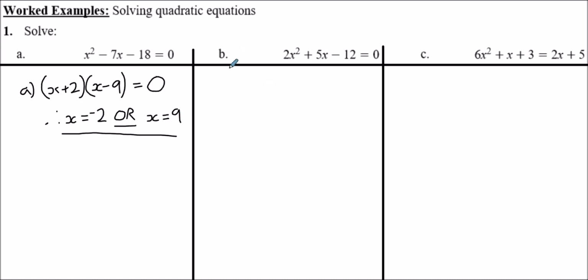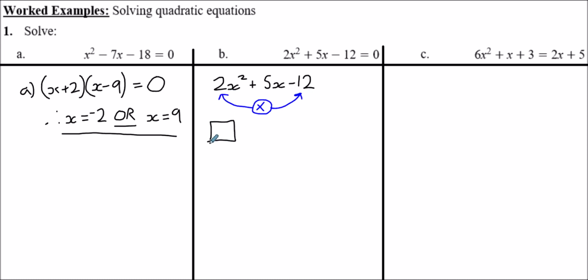For part B, what we need to do for this one, when we factorise it, is use what I tend to call the AC method. And so I'm just going to write this down here. And then we're going to multiply the coefficient of the x squared by the constant term, the 12. So we've got 2 times negative 12, which is negative 24.